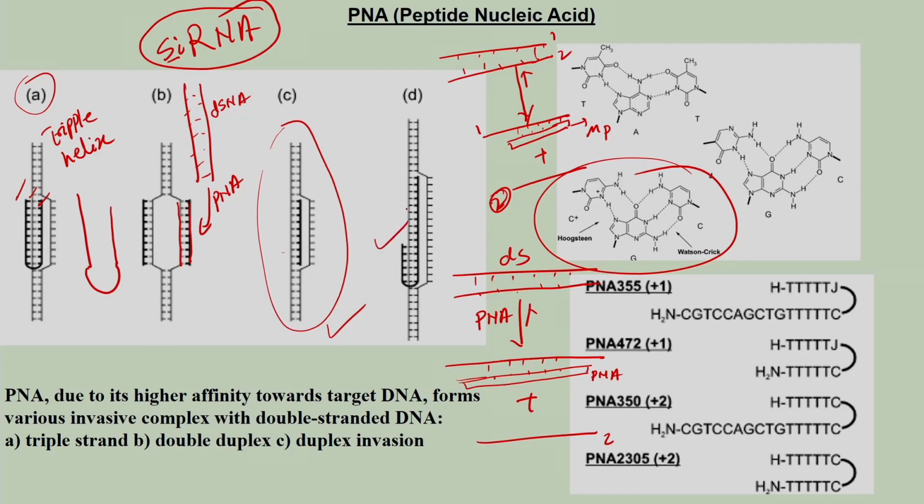Same thing you can see here, it is also a triple helix. This is a longer part, this is a shorter part, but in this region basically it is forming a triple helix. This is the Watson-Crick, the other one is Hoogsteen.